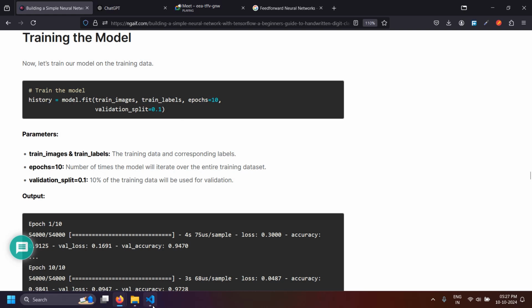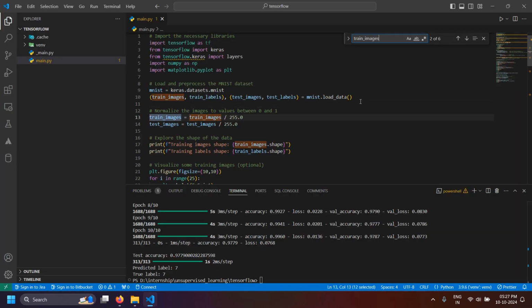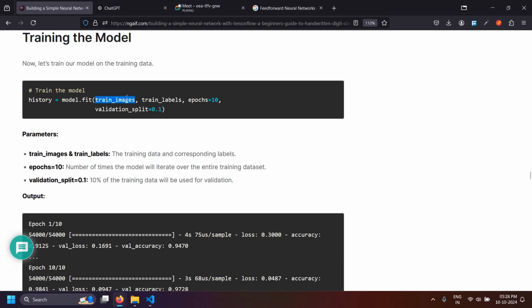If you look at the code, in the previous session I told you how I'm getting the train images from the MNIST dataset and dividing by 255. These are the train images and train labels that I am passing here, and then come the epochs.